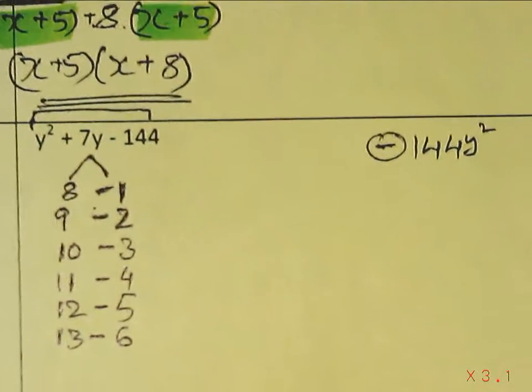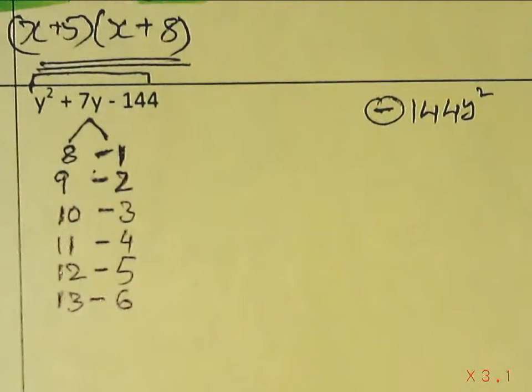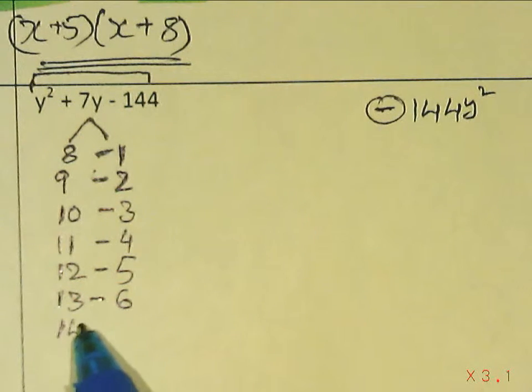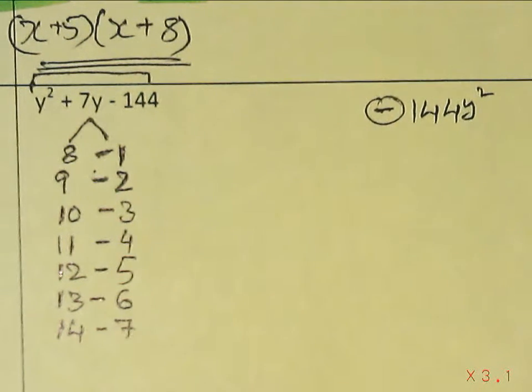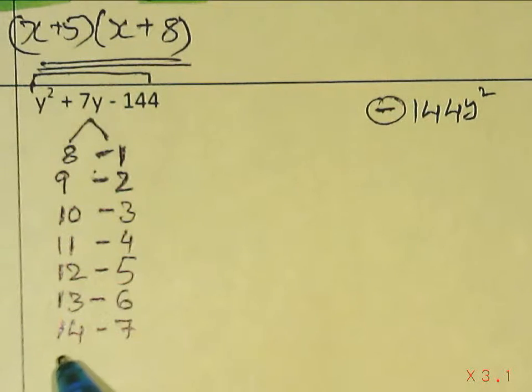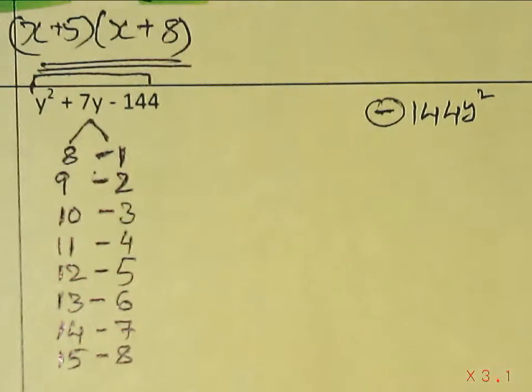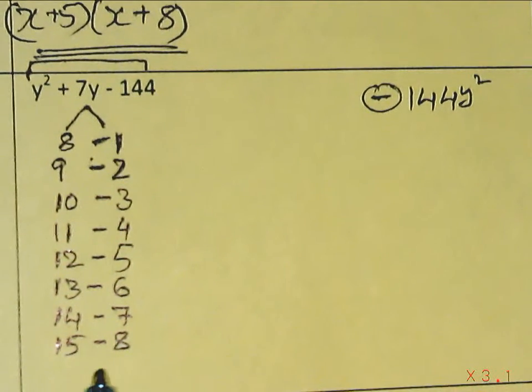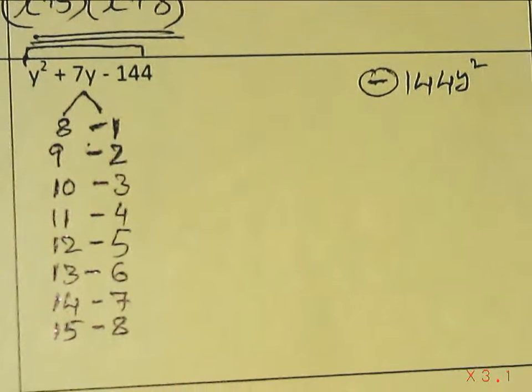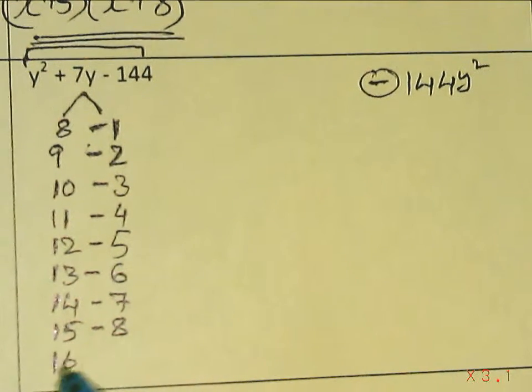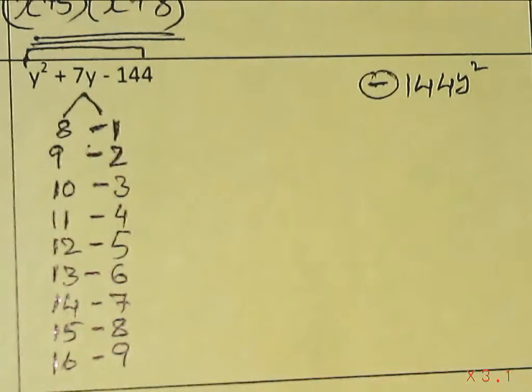If you want, you can make use of the calculator. Then 14 minus 7, it's 98. Then 15 minus 8, 15 times 8 is 120. Then 16 minus 9, 16 times 9 gives you 144.